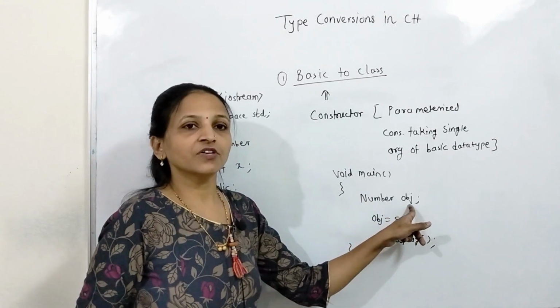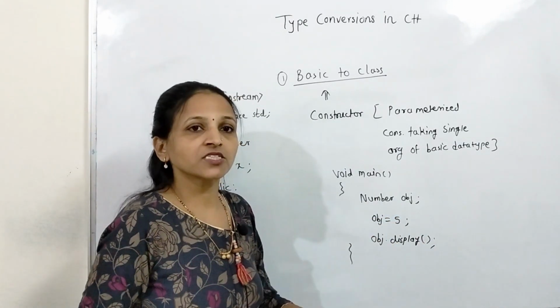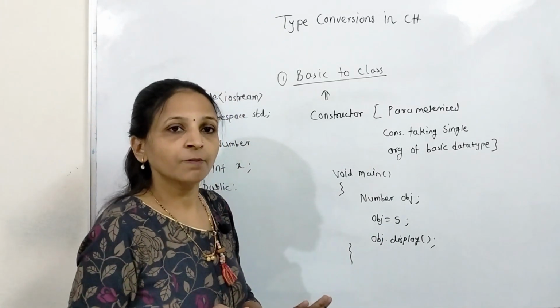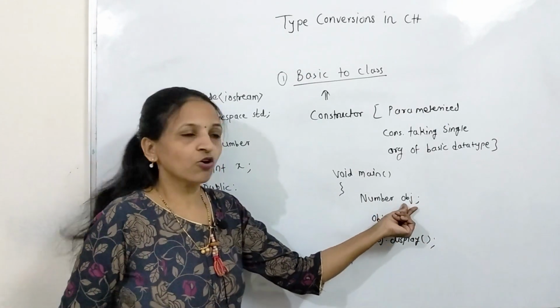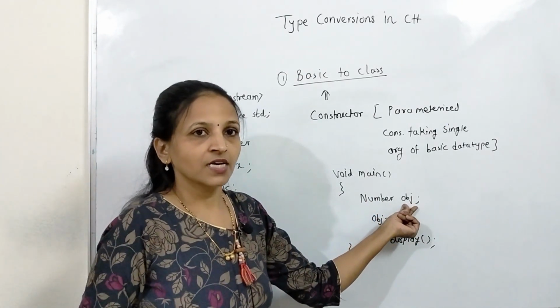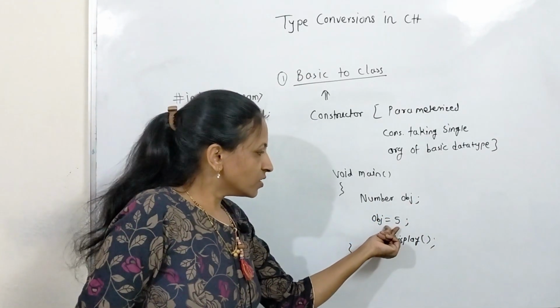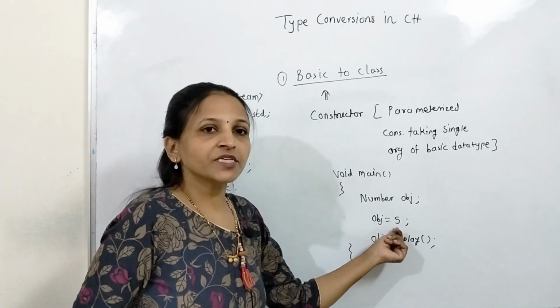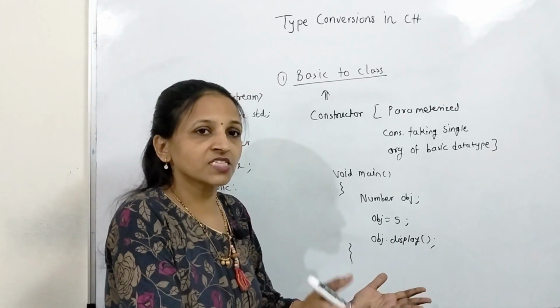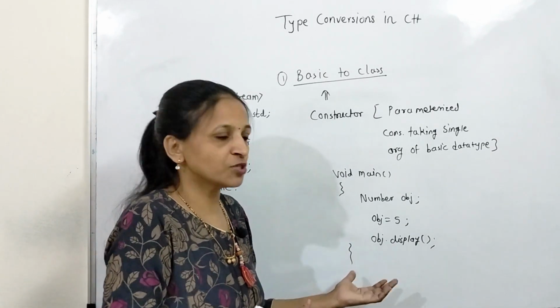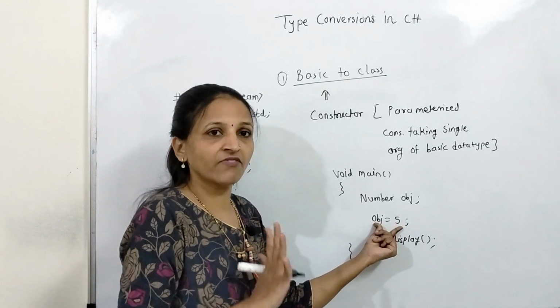See, here we have to write first a default constructor, then a parameterized constructor, and then the display member function. Why? Because here we are going to create one object of this Number class. Now here we have written this statement like obj is equal to 5. I am not writing a get data member function to assign a value to the data member of that object. I just want to assign the value directly.